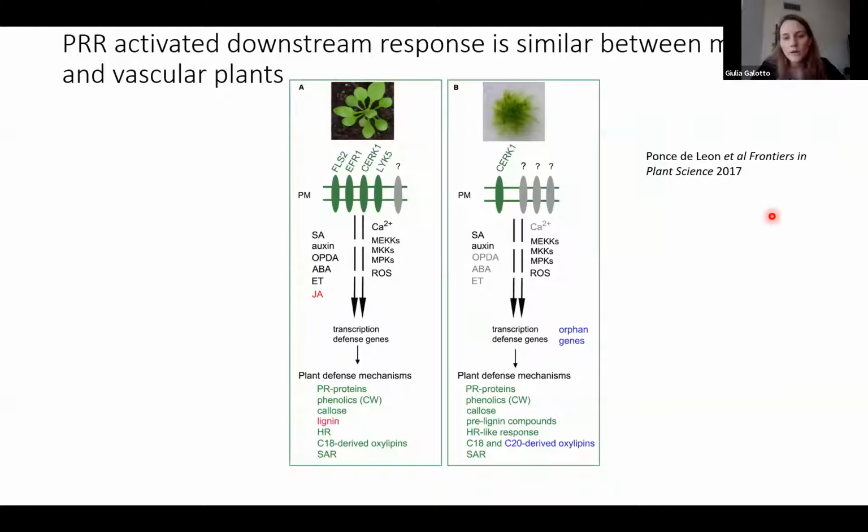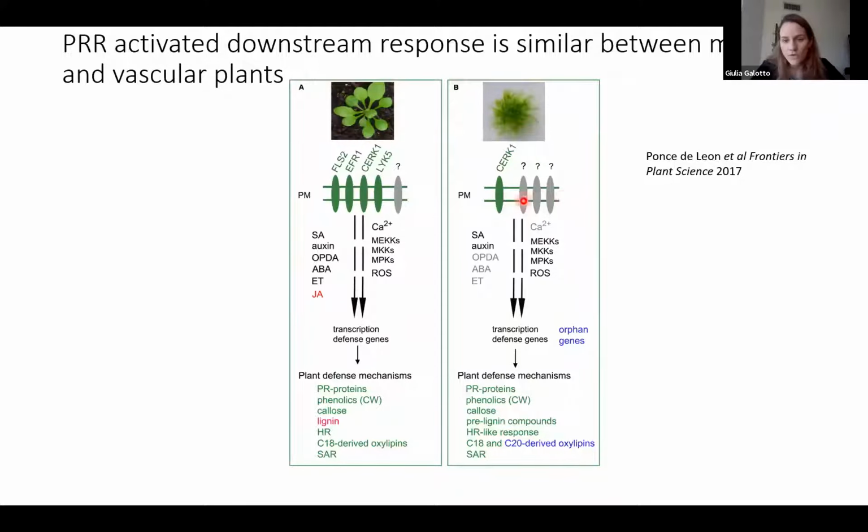After a PRR recognizes chitin or other pathogens, the plant activates a downstream response. The message of this slide is that the downstream responses of vascular plants and mosses are similar.